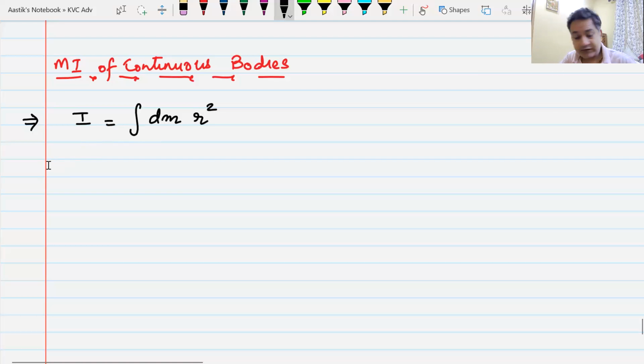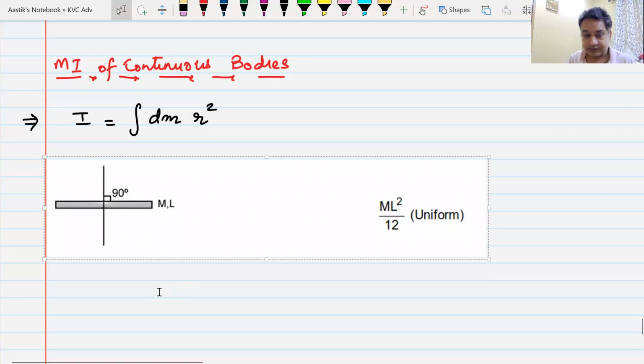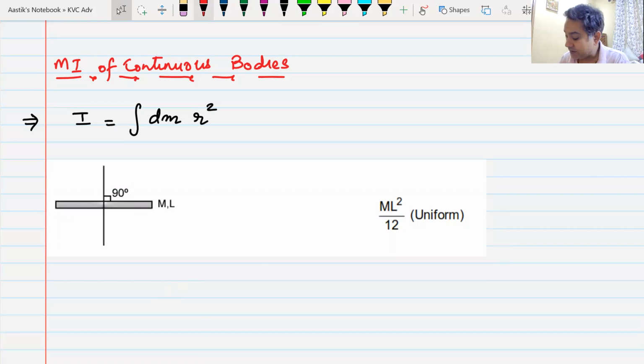The first one that you must know is this. What is this? Rod. Moment of inertia of a rod about its center of mass axis. Do you see this axis?